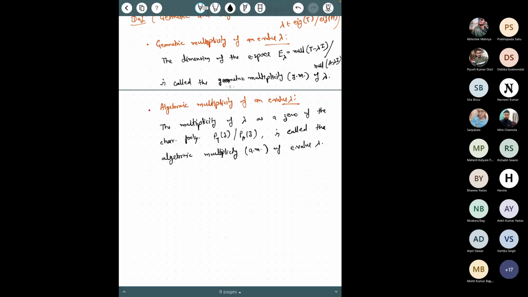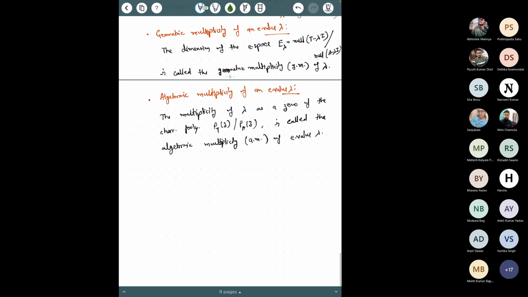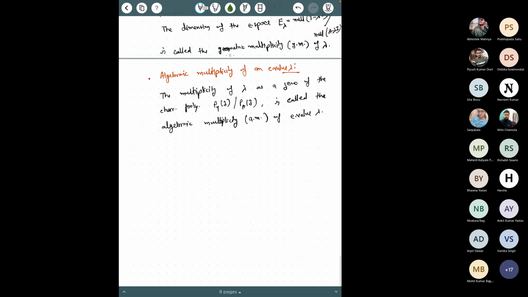Now the question is, what is the relation between these two? For understanding, we can construct easy examples before proving a relationship between these two multiplicities. Let's say this is a diagonal matrix containing 1, 2, 3, 4. What are the eigenvalues of this?